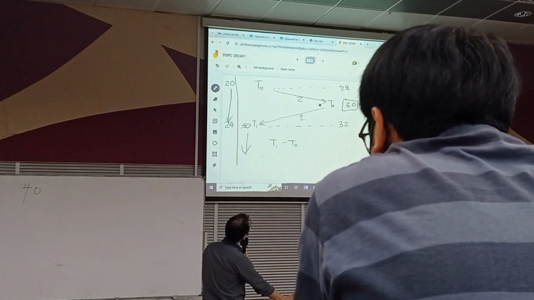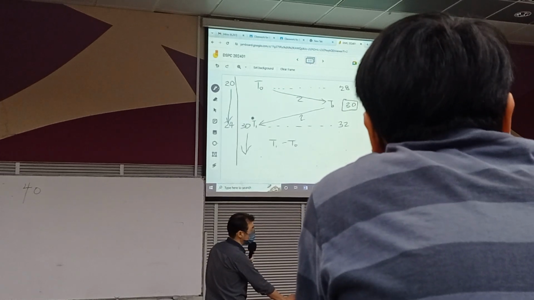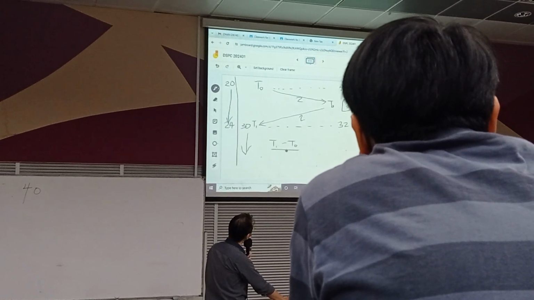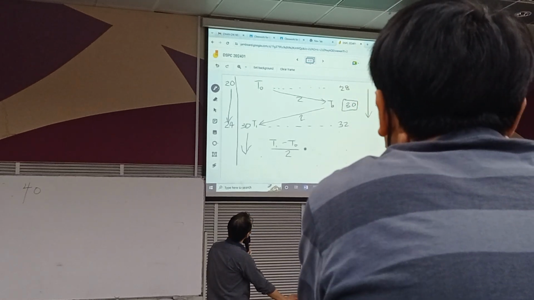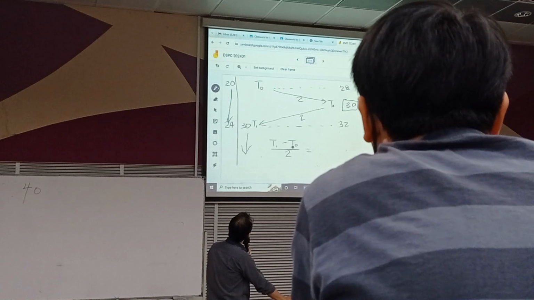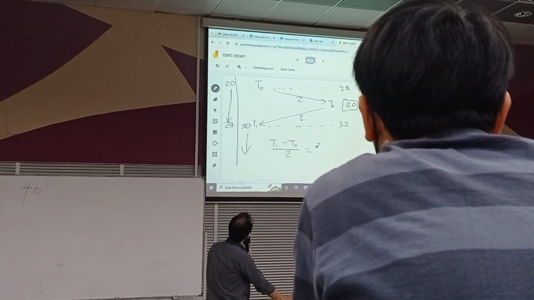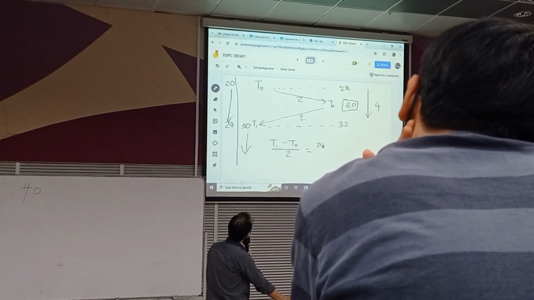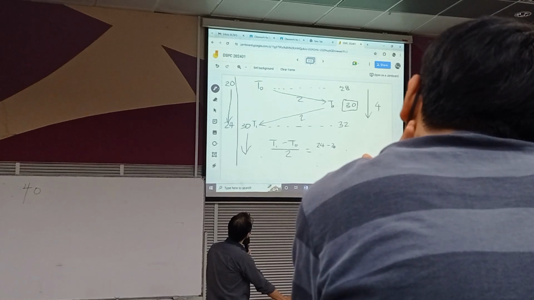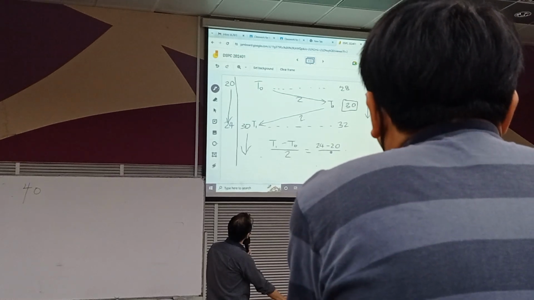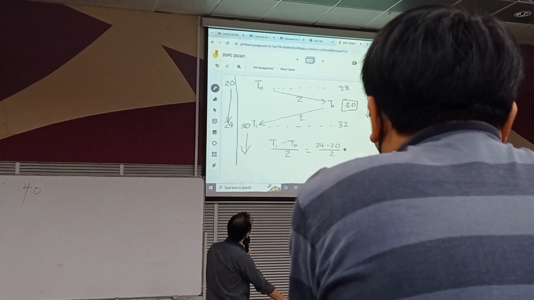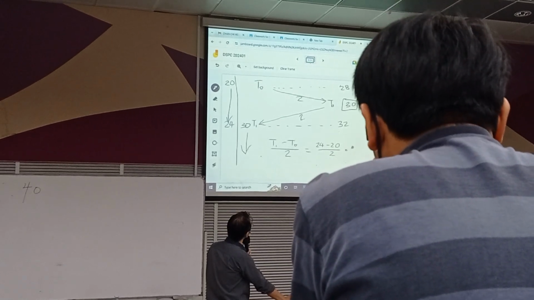Because you assume that to and fro is the same amount, you divide by 2. So what do you get there? T1 minus T0 is 24 minus 20. You get 4 divided by 2. You get 2, isn't it?